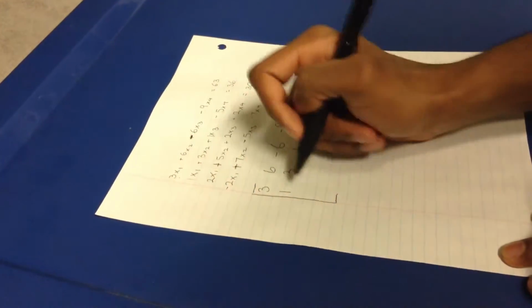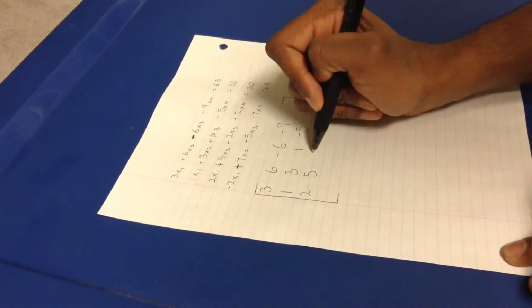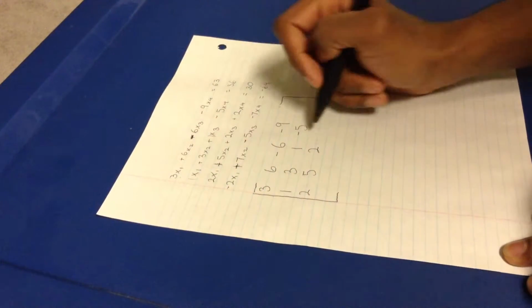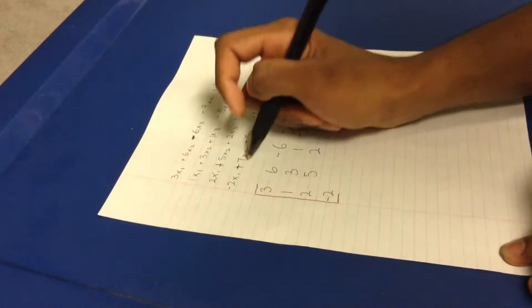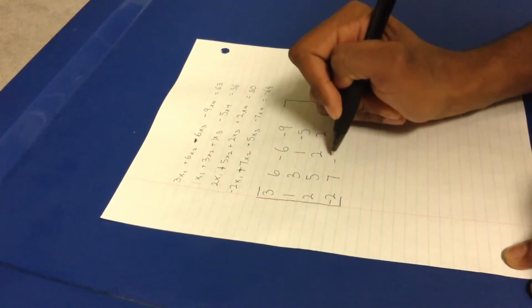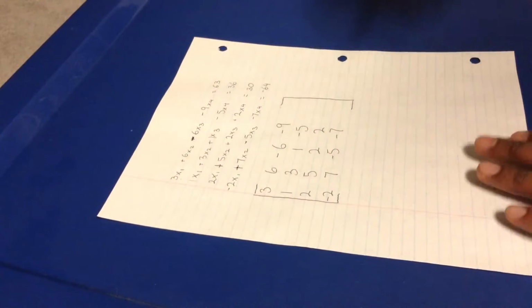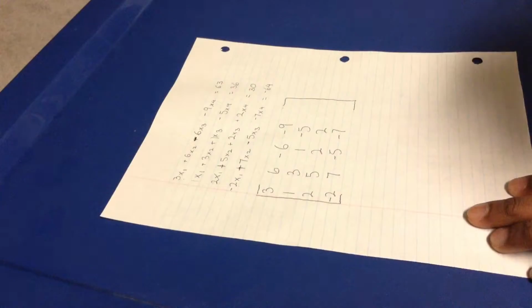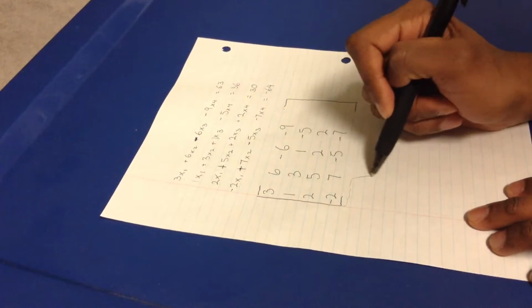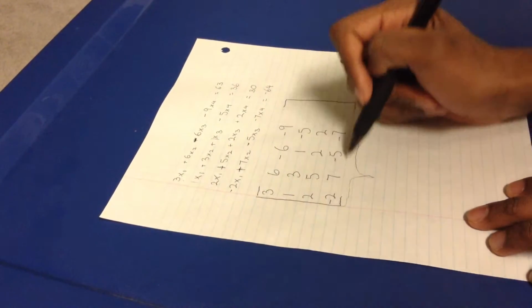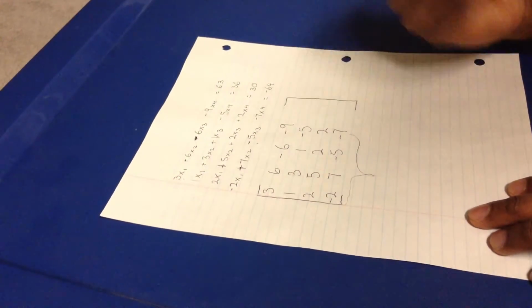Go down a row: 2, 5, 2, 2. Then -2, 7, -5, and -7. This we count as the coefficient matrix, because this section is the coefficients of each of the linear equations.